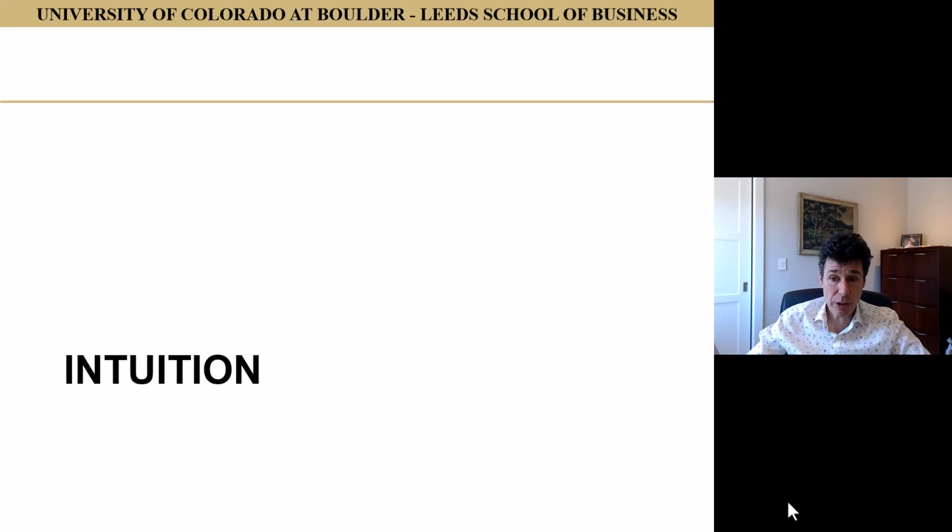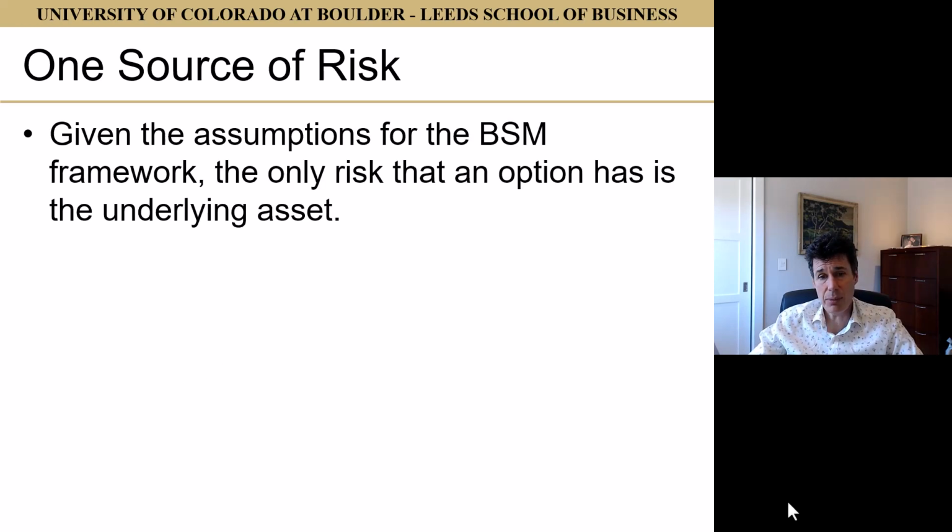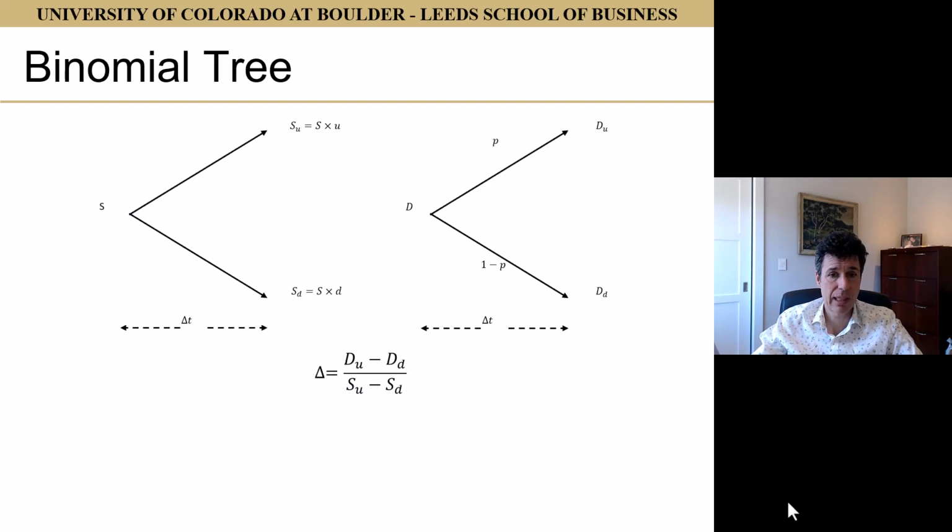All right, the intuition behind the Black-Scholes-Merton framework. The intuition is once we've made all of those assumptions, the only risk that an option has is the asset. If we go back to the binomial tree, remember that's essentially what we were making. We're saying the stock could go up or the stock could go down. In the future, we knew the value of the derivative, d sub u and d sub d.